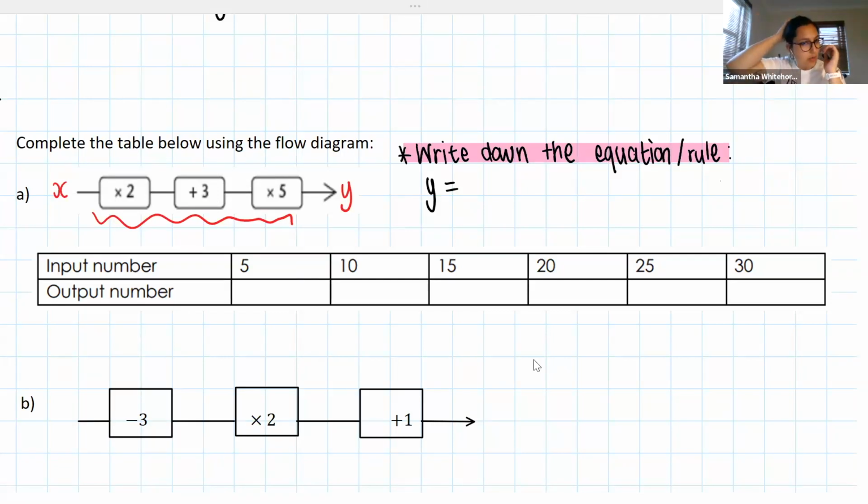I'll give you time to raise hands, but otherwise all questions in the chat, we'll do hands as we go along. Remember, use those brackets where need be.